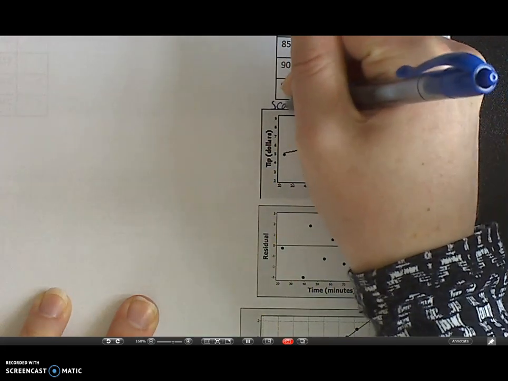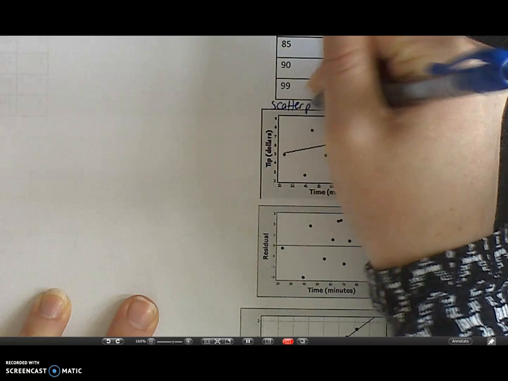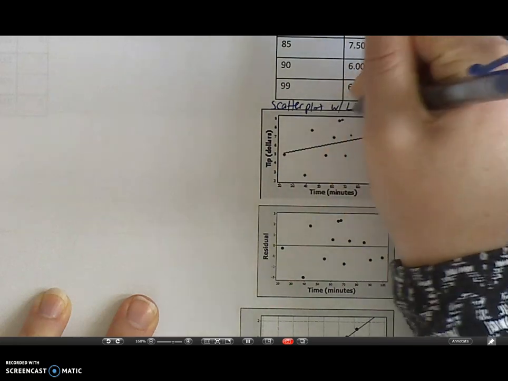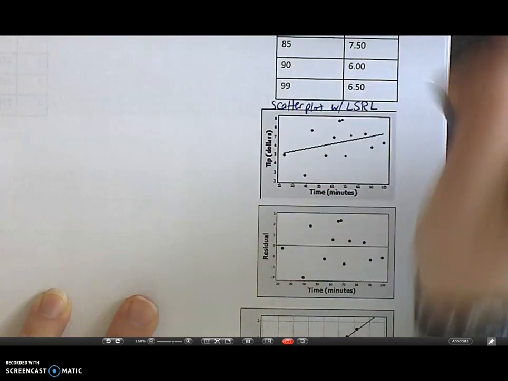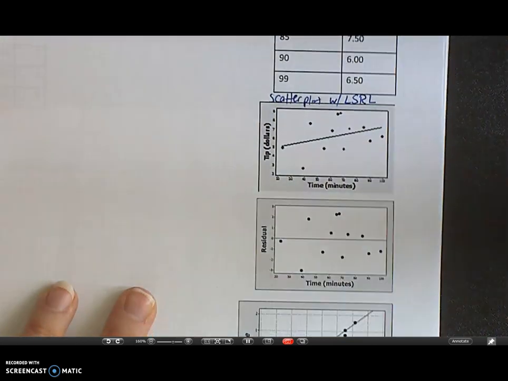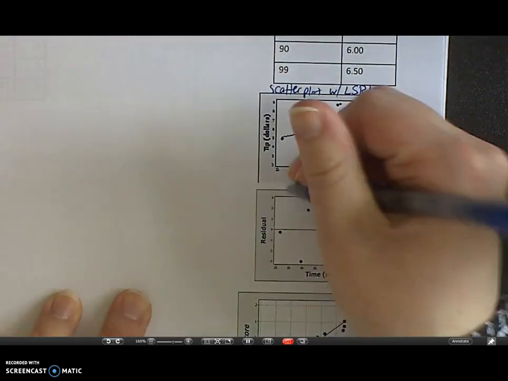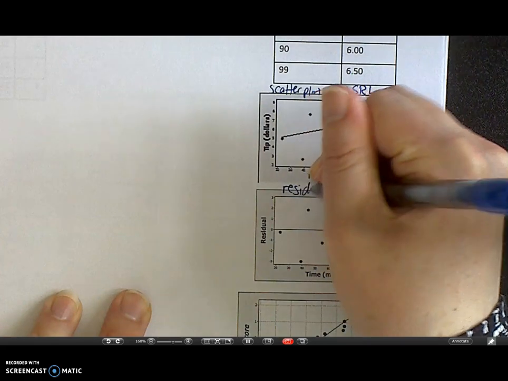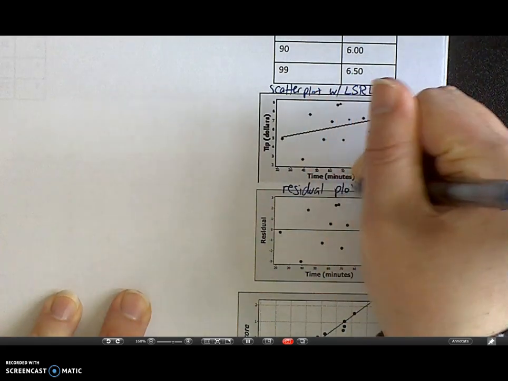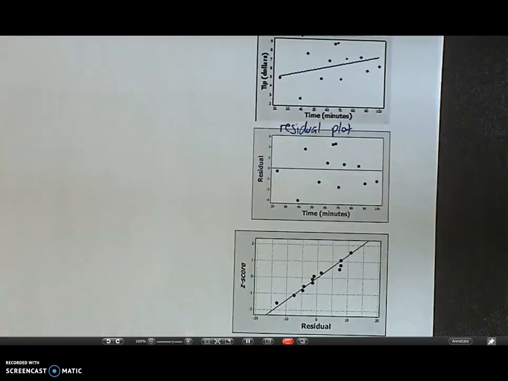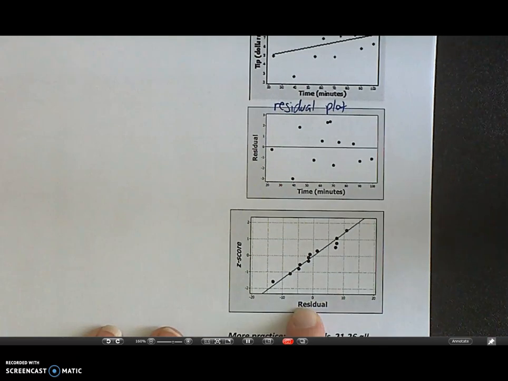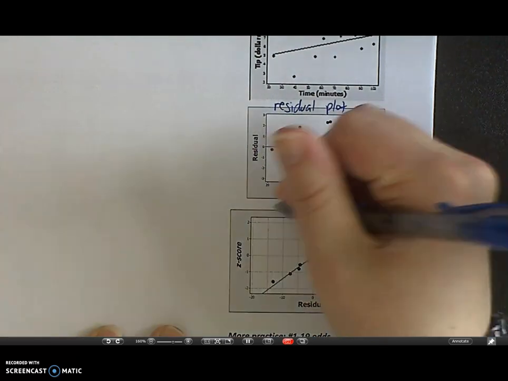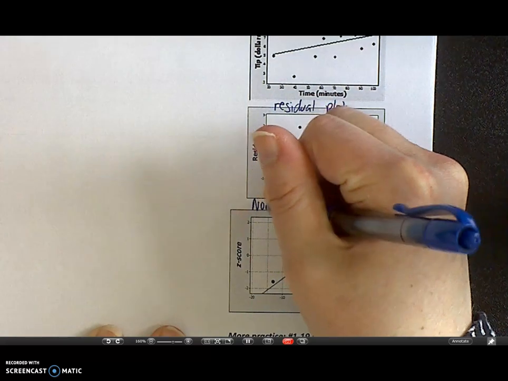So here's our scatter plot with the least squares regression line plotted on it. Below that is going to be the residual plot. And the final one, it's graphing the residuals against the z-score. This is the normal probability plot.